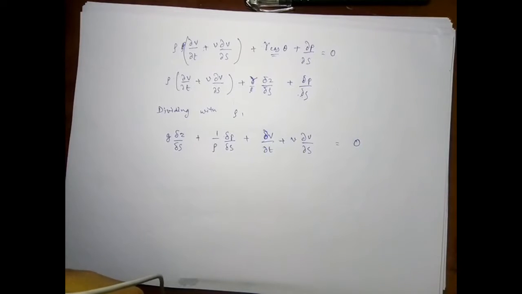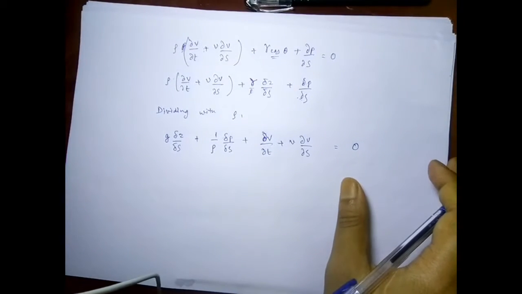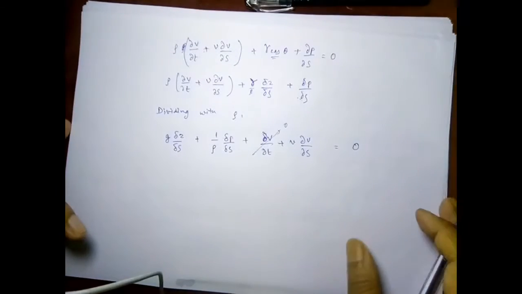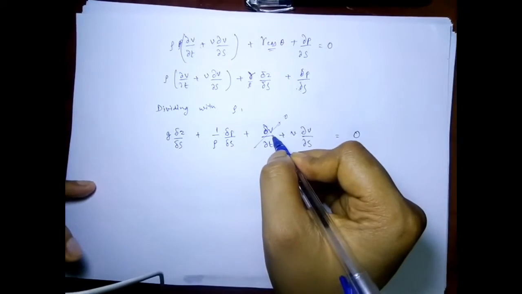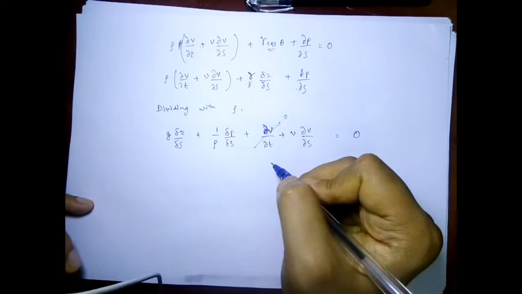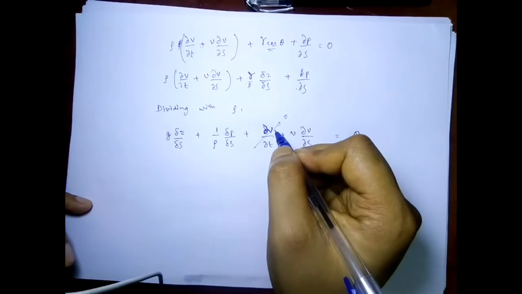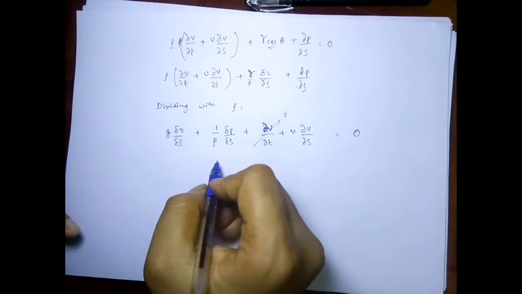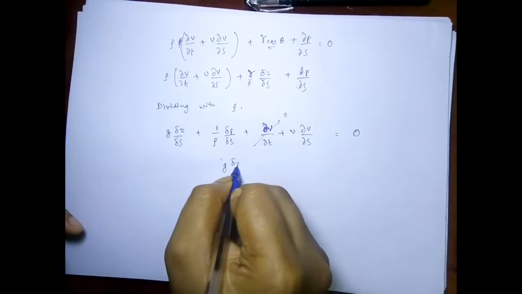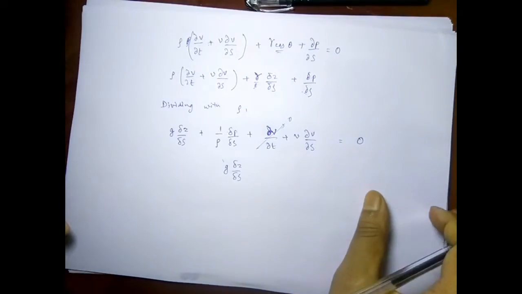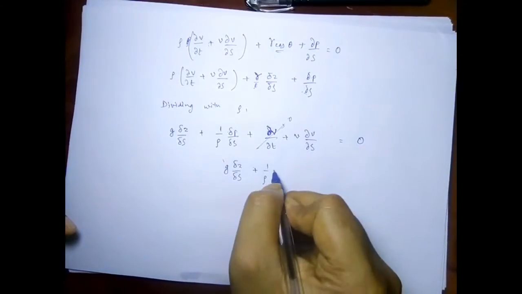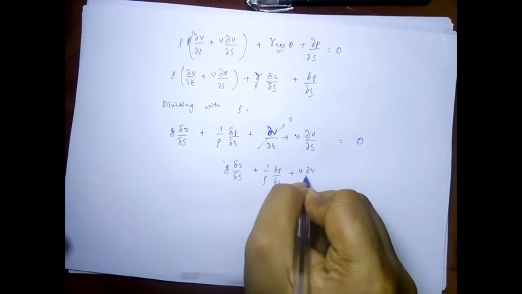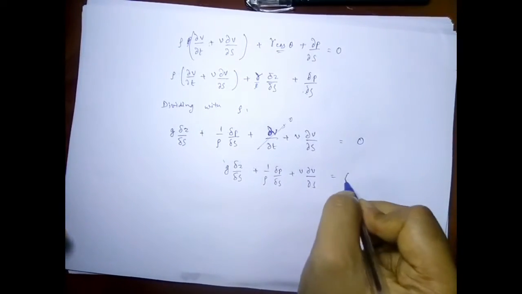Now after we have got this, let's consider that if del V upon del T is equal to 0, considering a very small change of velocity in this part, so considering del V upon del T equal to 0, this equation can be written as G del Z upon del S plus 1 by rho del P upon del S plus V del V upon del S equal to 0.